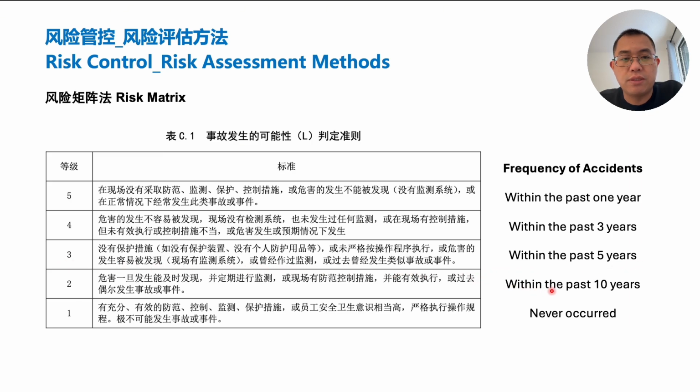And if it occurred within the past 10 years, we define it as level 2. And if it has never occurred before, we classify it as level 1, very unlikely. So by doing this, we reduce subjectivity and establish a unified standard within the company. So everyone can use the same criteria when conducting assessments.